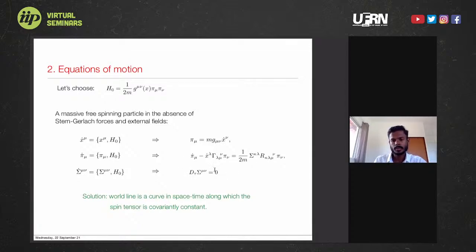And the third equation implies that the world line is a curve in space-time along which the spin tensor is covariantly constant. So this is again analogous to the conservation of charge, so to say. So these last 2 equations are my 10 coupled first order differential equations, which I need to solve to understand a spinning particle in any particular space-time.